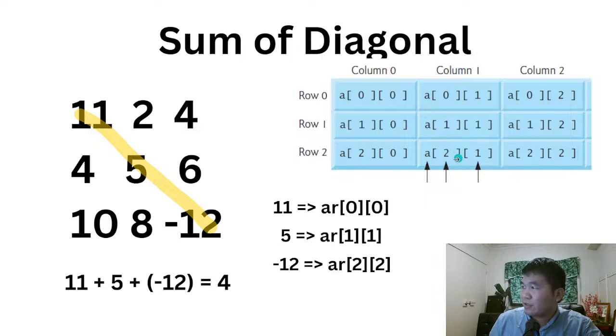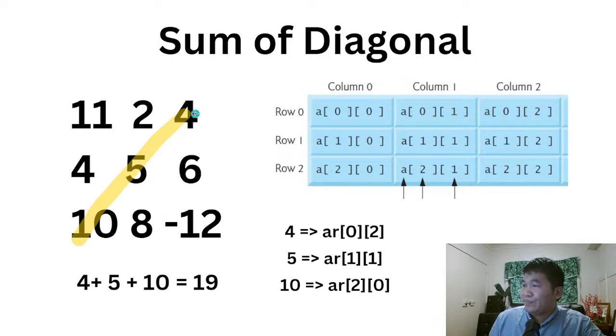Actually, this is the second column and the second row, but we have to write the first index for row and the first index for column. So as the same as this element, we are writing array square bracket, second index for row and second index for column.